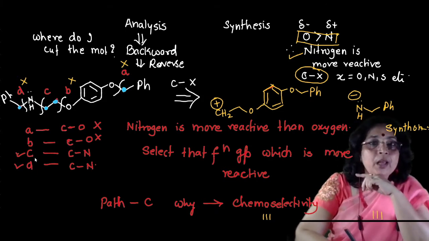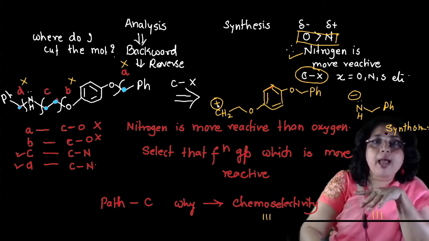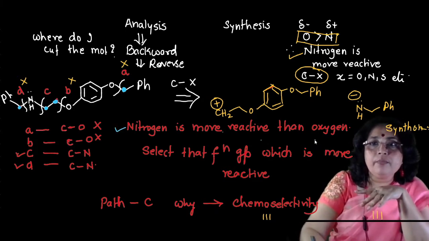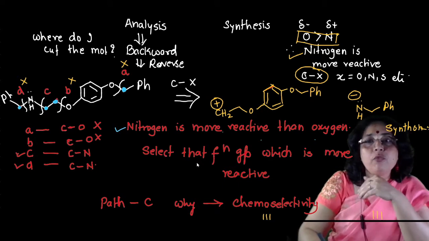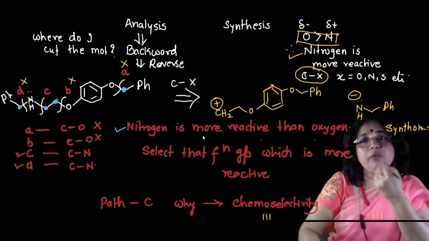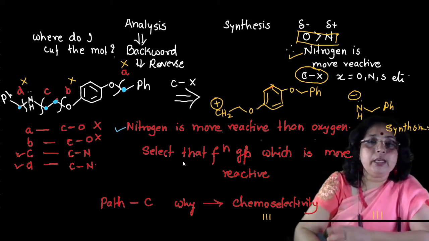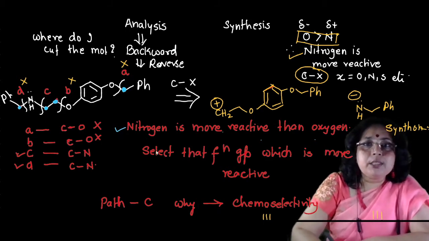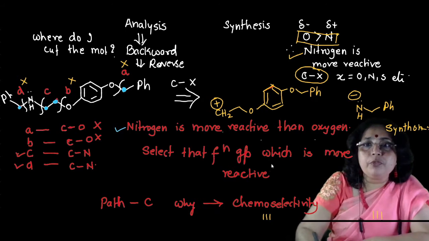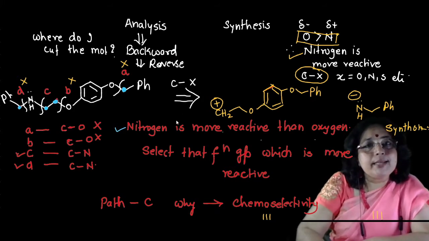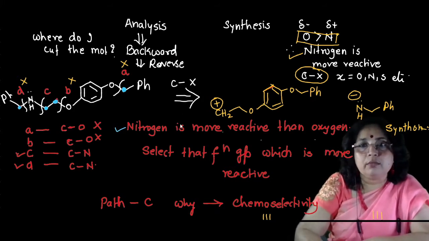Now in this case, as we know that nitrogen is more reactive than the oxygen, so which rule we have to follow? This condition we have already discussed in the earlier reactions or earlier examples. Now select that functional group which is more reactive. So obviously the functional group which contains nitrogen is the most reactive group.